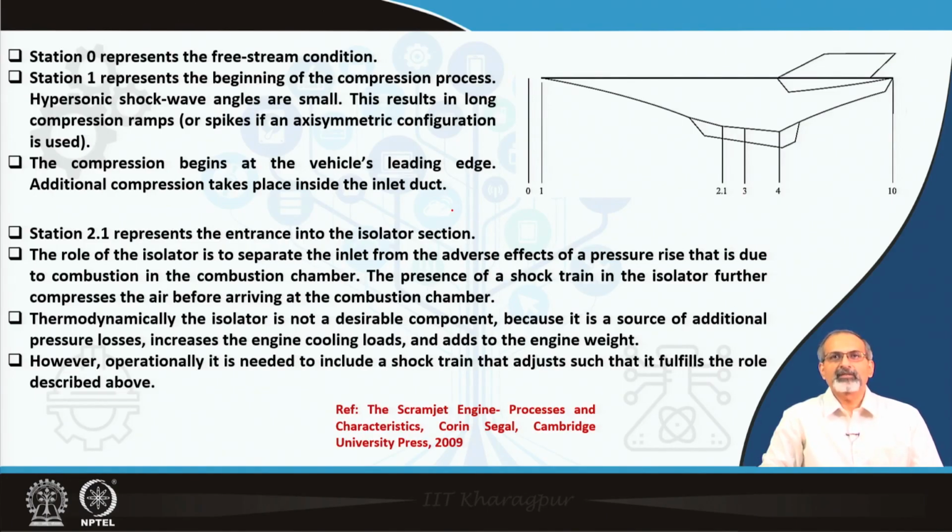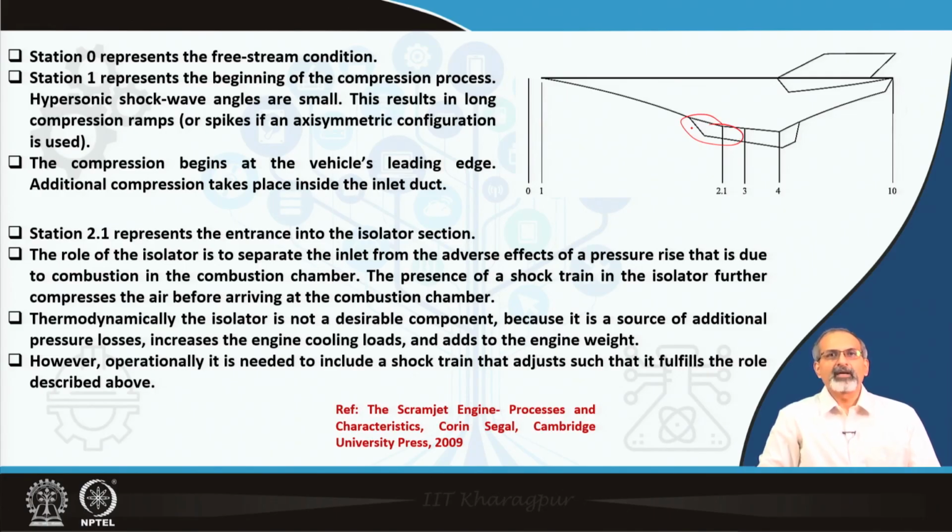Hypersonic shock wave angles are going to be small, as we remember that right from the week 1 discussions, we said that the hypersonic shocks stay very close to the body. This results in long compression ramps or spikes if an axisymmetric configuration is used, and the compression begins at the vehicle's leading edge. Additional compression takes place inside the inlet duct. So, further inside also there is compression which is possible.